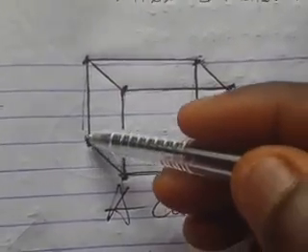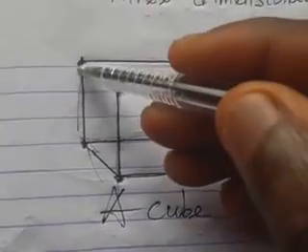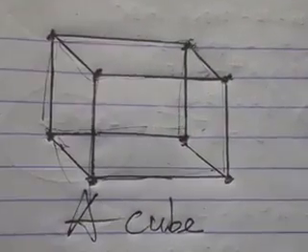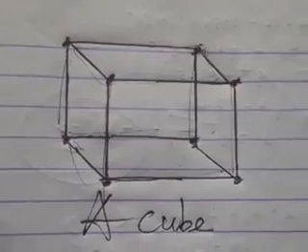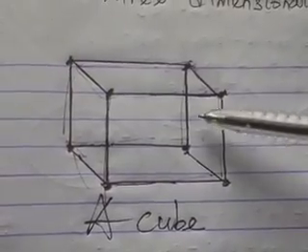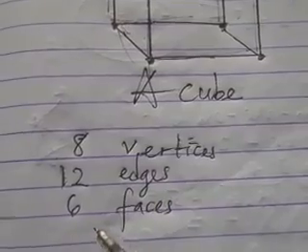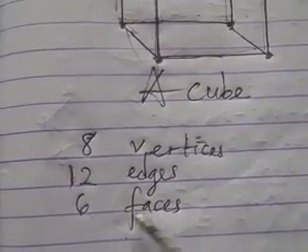This particular one down, 9, 10. This particular one up, 11, 12. Have you seen the edges with me? Those lines are called edges. So a cube has 12 edges, and then the last one, a cube has 6 faces.